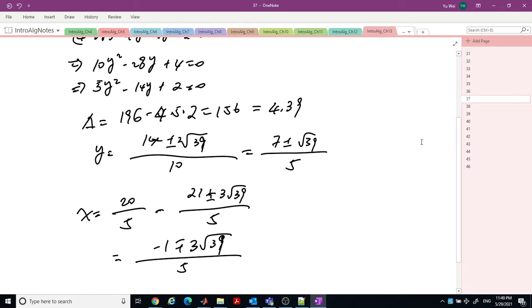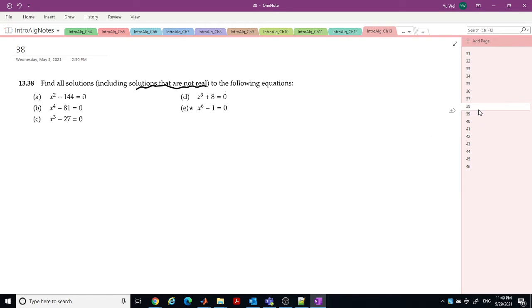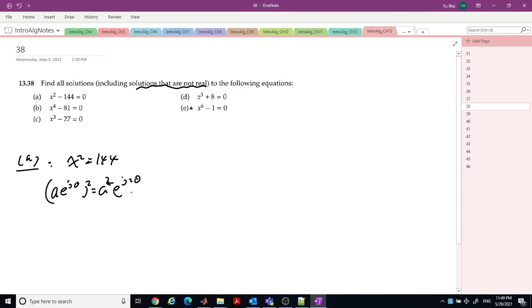Okay, next. So we want to find all the roots, right? So for the first one, you can see x squared is equal to 144, right? So if we represent x as a e^(jθ), then a squared e^(j2θ) is equal to 144, right?